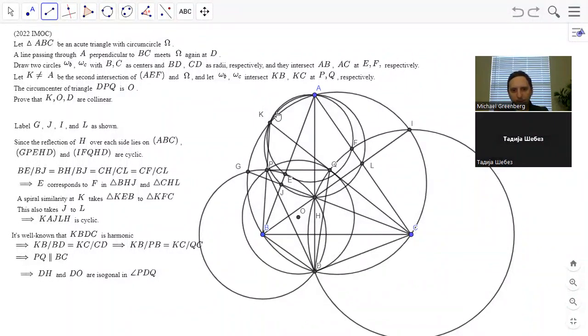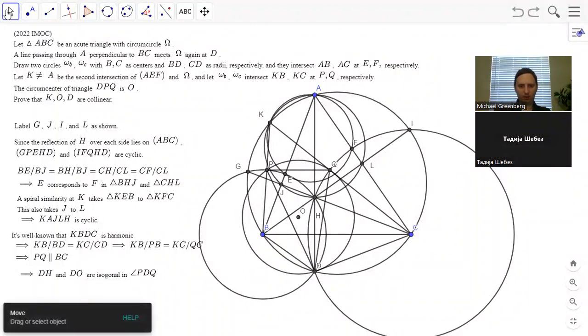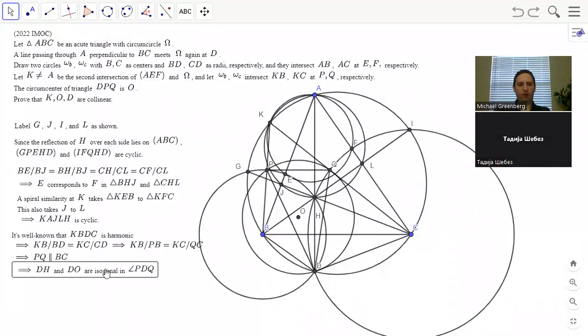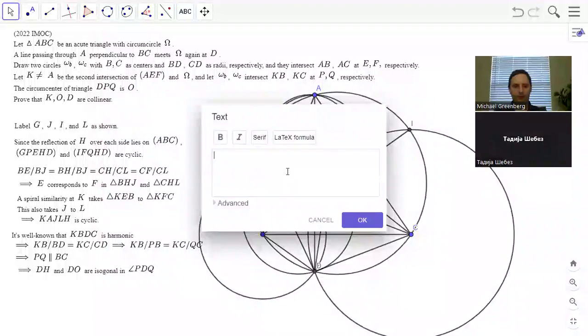So I was thinking of something like this. PDK is BDK minus BDP. Oh, okay. And both of those angles are quite nice to work with. Okay. So I think that makes sense. So angle PDK is BDK minus BDP.